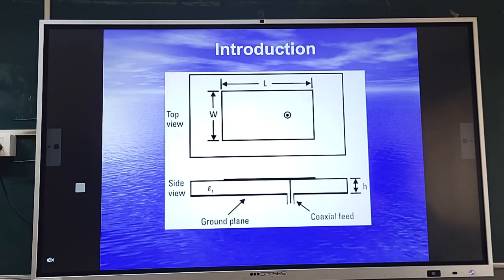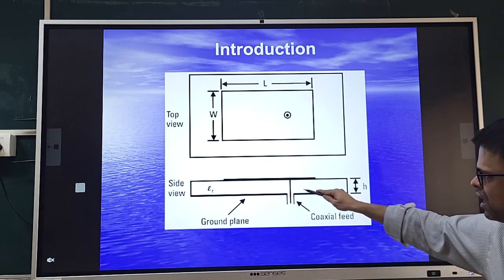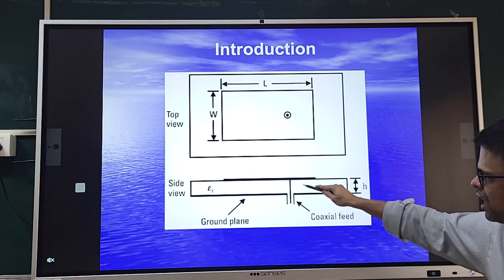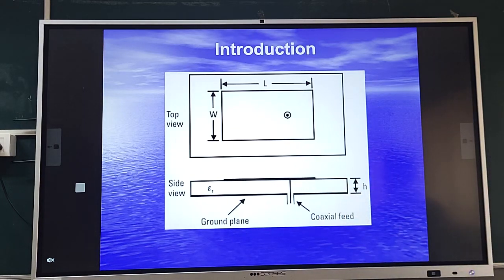Another variation which is widely available, especially in the packing industry, is foam. If I am using an air substrate, I am suspending the patch above the ground plane, so some kind of support is required. Other than that, I can use a foam substrate. Foam has a dielectric constant of 1.06, close to that of air, whereas the tan delta, the loss tangent, is 10⁻⁶, almost 0.